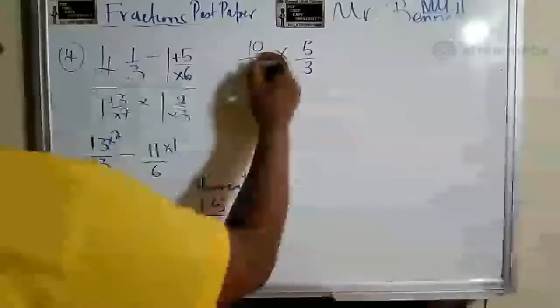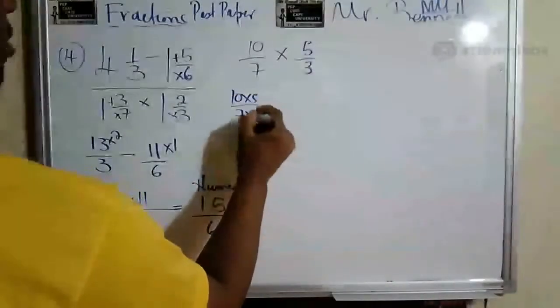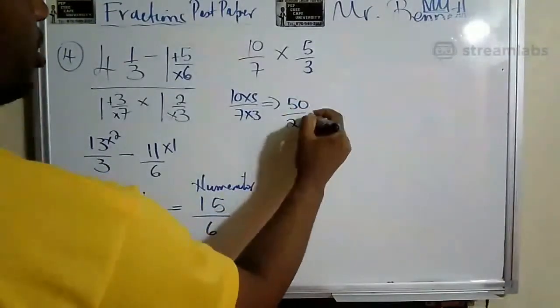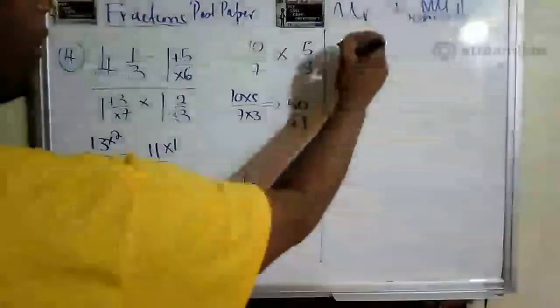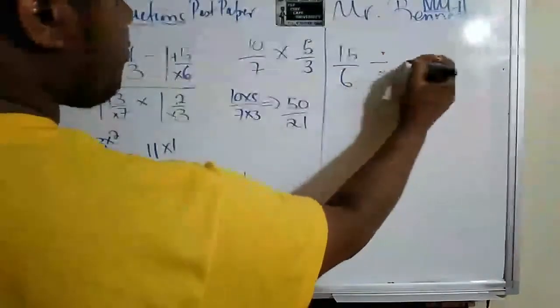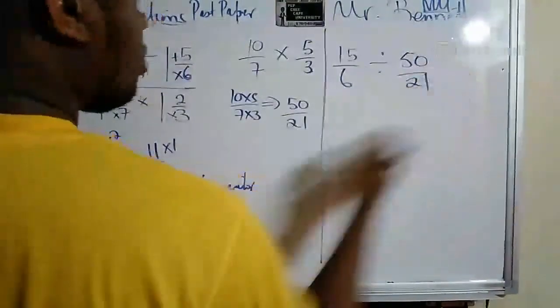So we just say 10 times 5 and 7 times 3. So that gives us 50 and 21. So remember what we got first. We got 15 over 6 divided by 50 over 21.